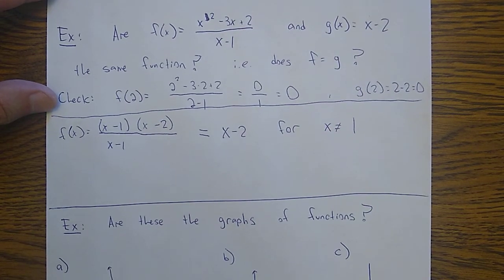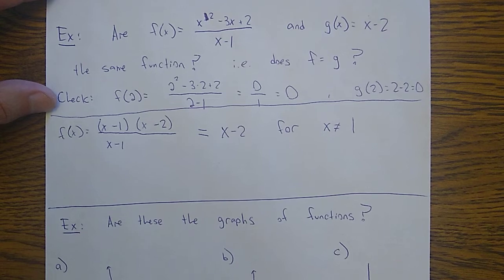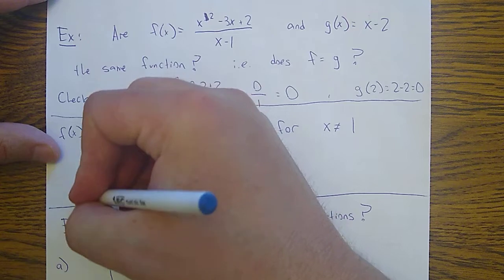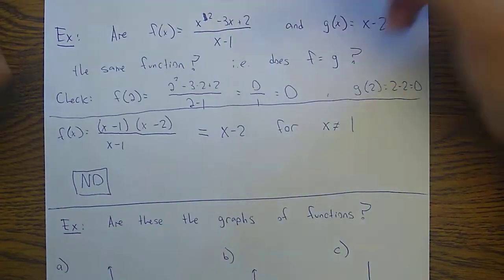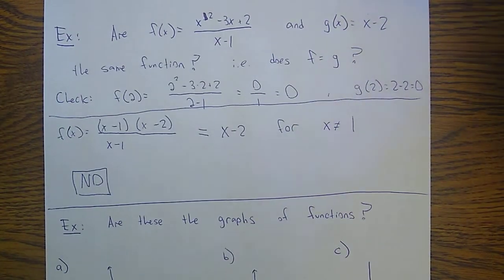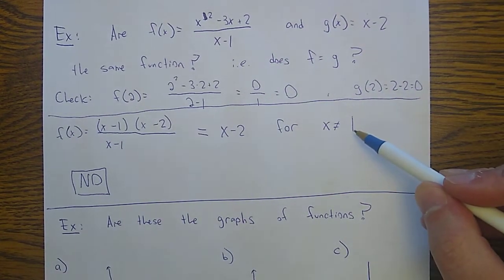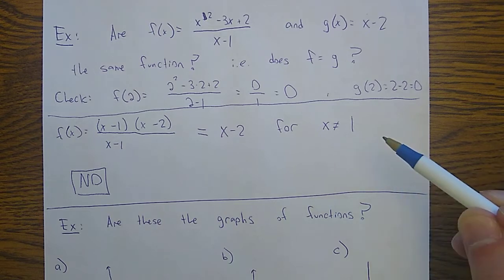But technically, the answer to this question is no. Even though f is equal to g almost all the time, for almost all values of x, the only value of x that's bad is when x is 1.